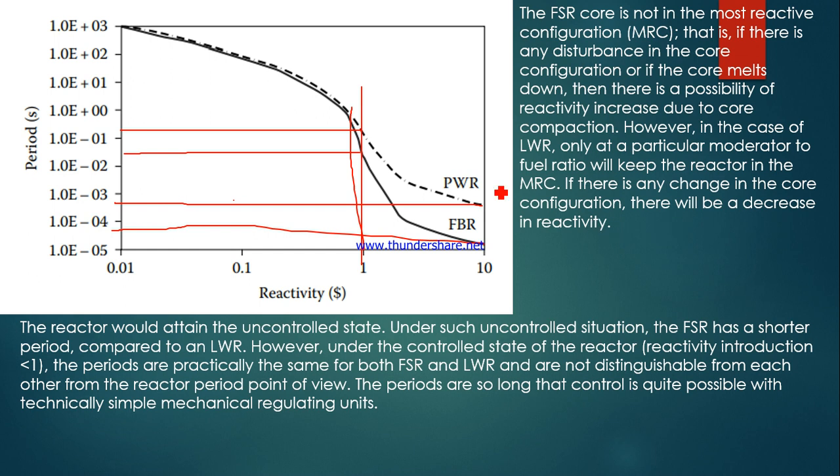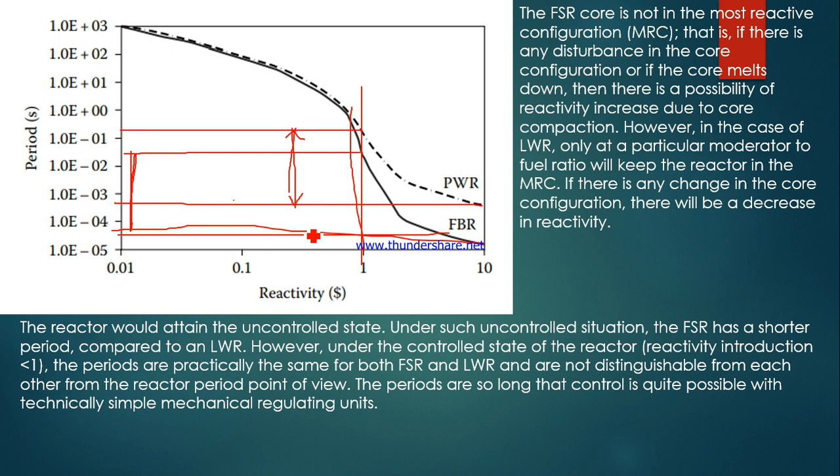And if this is crossing this line, you see this is for the fast reactor, if you see the period, from here to here it is very fast, and here it is from 10 to the power something. So from here to here it will take slightly more time, but for fast reactor it is very quick, because this is 10 to the power minus 3, and here it is 10 to the power minus 4 or somewhere here.